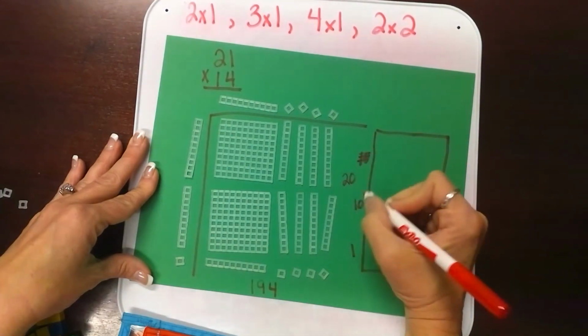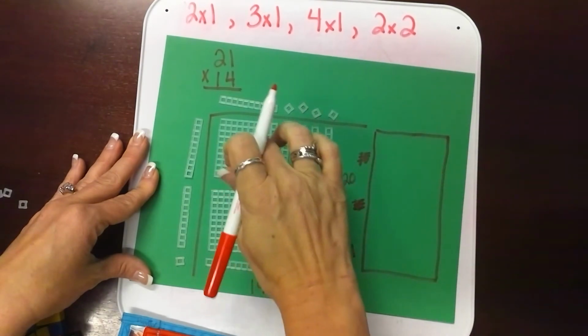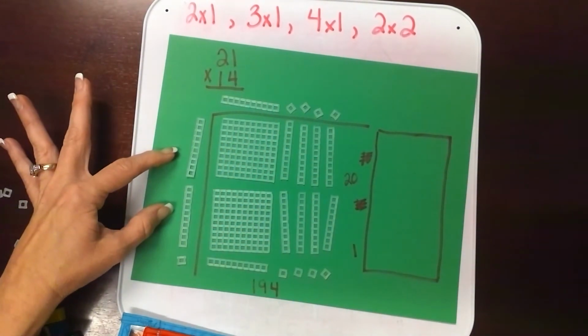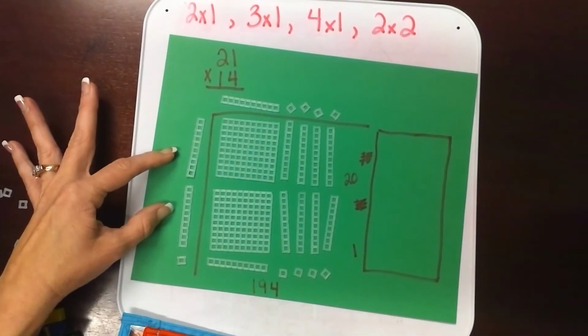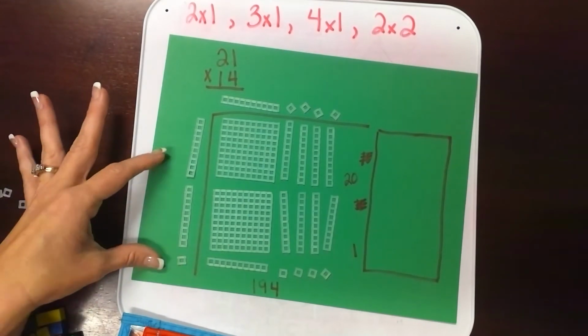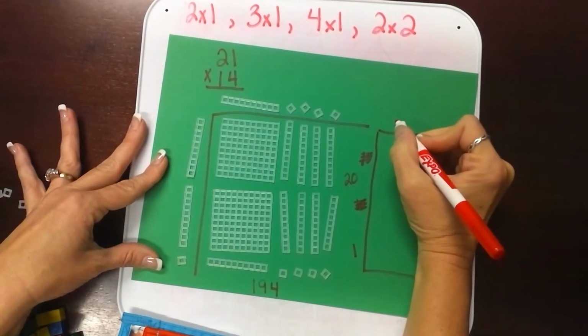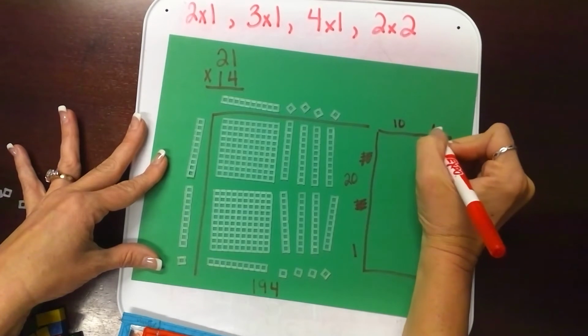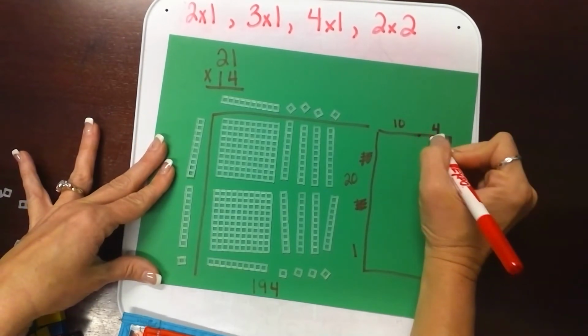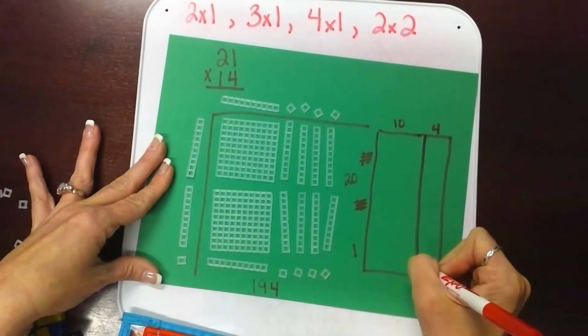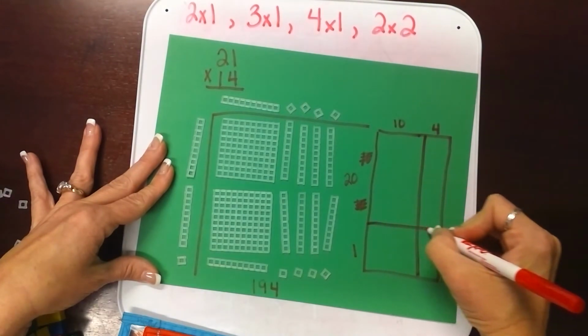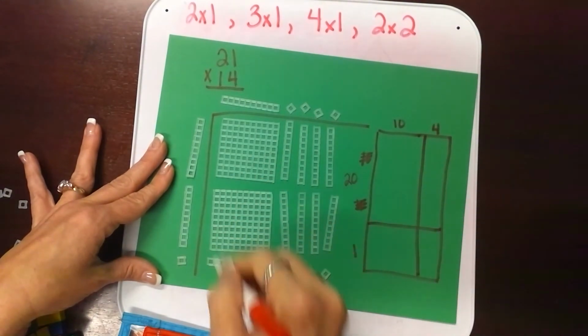That is what I like to do because I usually tell students to separate it between the 10s and the 1s. So I have 20 and I have 1. And up here I have 10 and I have 4 1s. This one's going to look a little differently because now I have 4 different sections, and I hope you can see the 4 sections here.